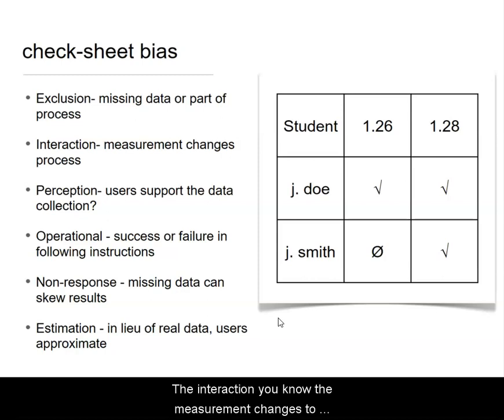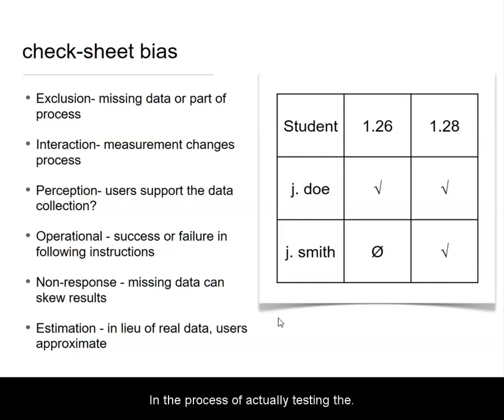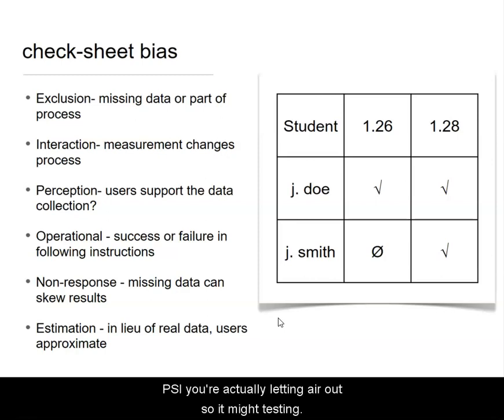The interaction bias is when the measurement changes the process itself. Like if you're testing the air pressure in the tire of your car, in the process of actually testing the psi, you're letting air out. So by testing the process, you're actually affecting the process.